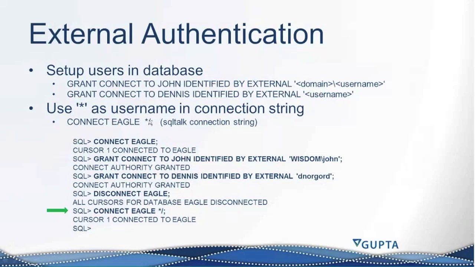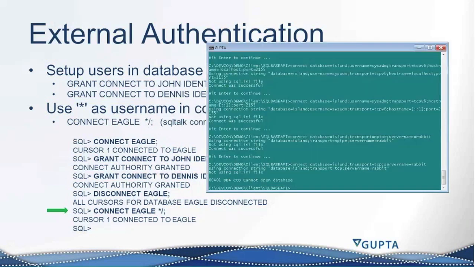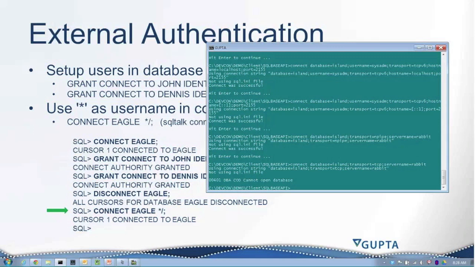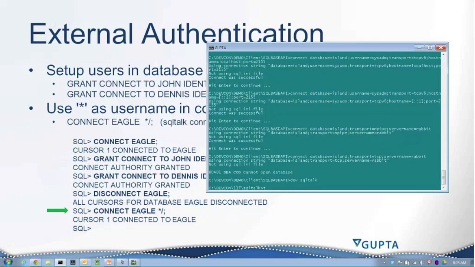As I said before, use asterisk as the specifier for the username to say that you want an authenticated connection. What I'll do here is I'll just demonstrate this, and I'll go over to SQLTalk.